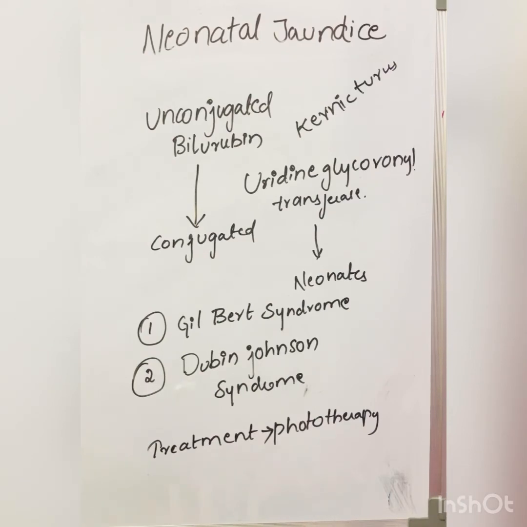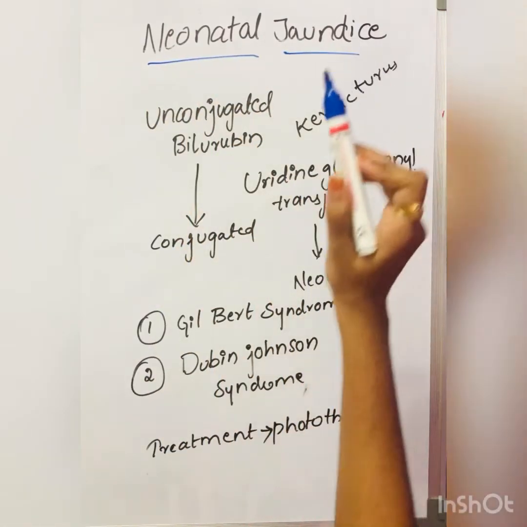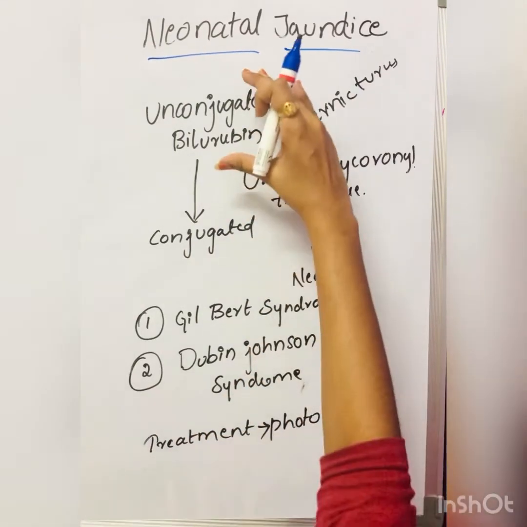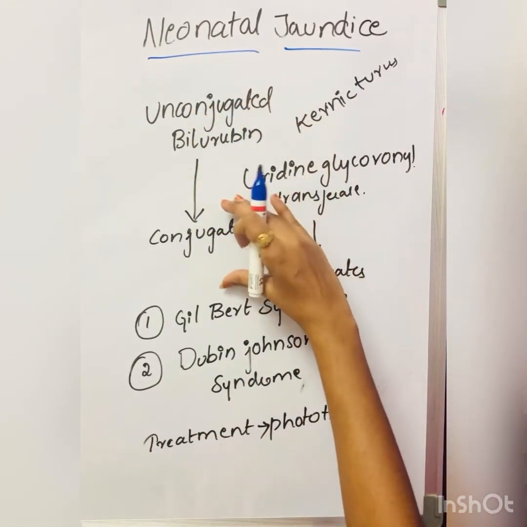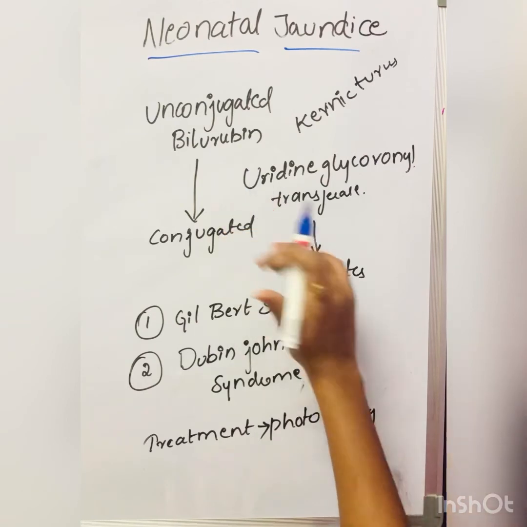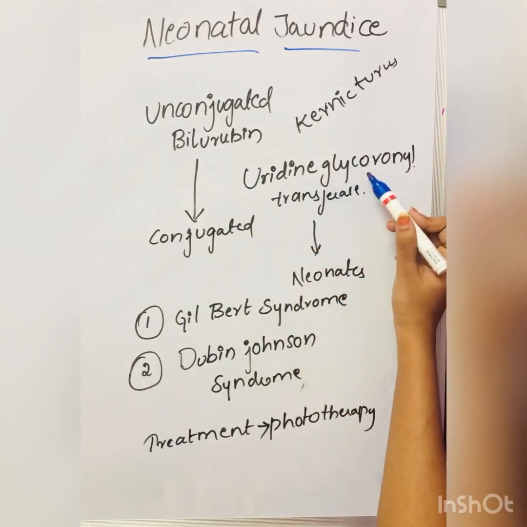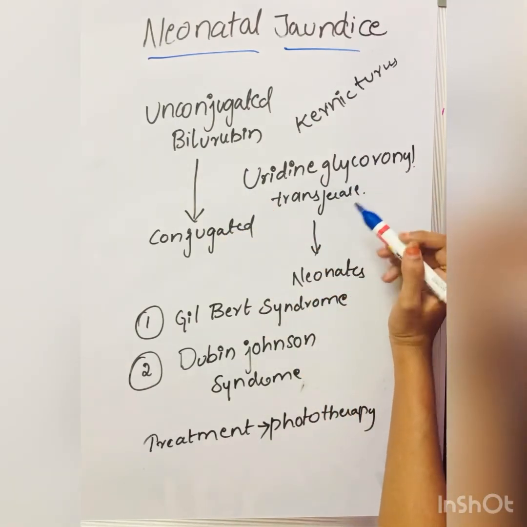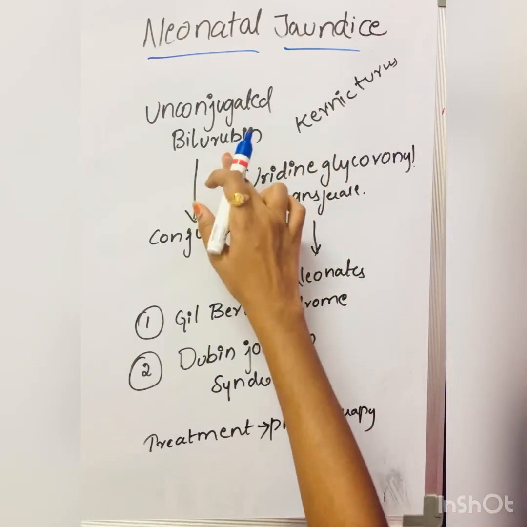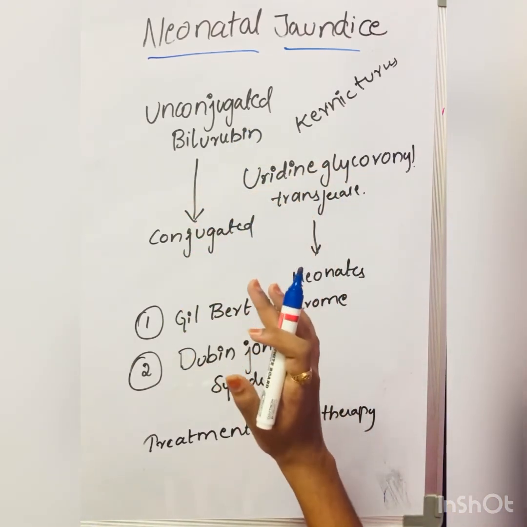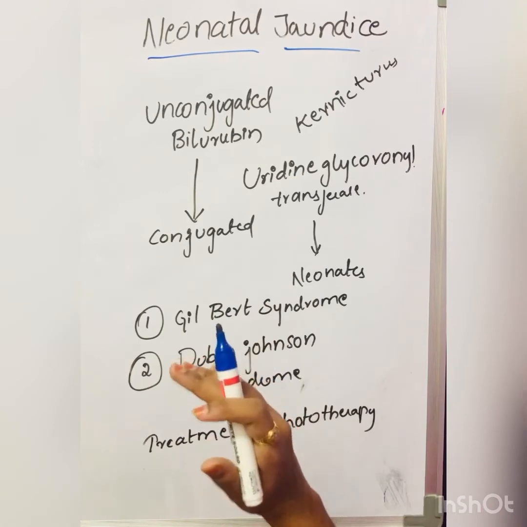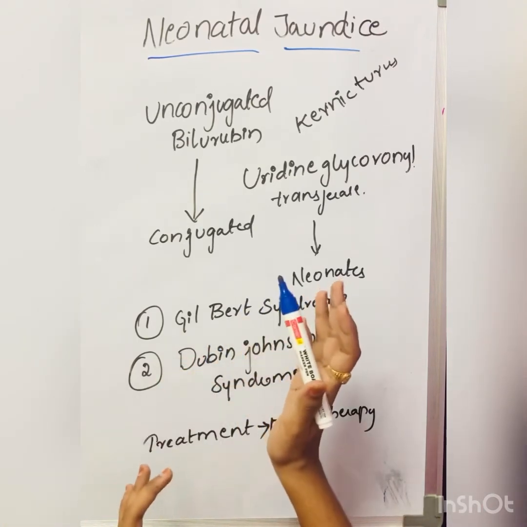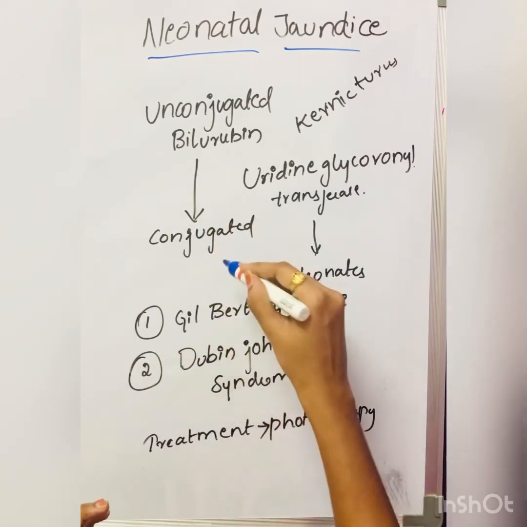Now we will see how bilirubin affects neonatal jaundice. First thing we know is that unconjugated bilirubin should be converted into conjugated bilirubin with the help of uridine glucuronyl transferase. This unconjugated form is insoluble in water, which means it cannot be excreted out if it is not converted into the conjugated form.